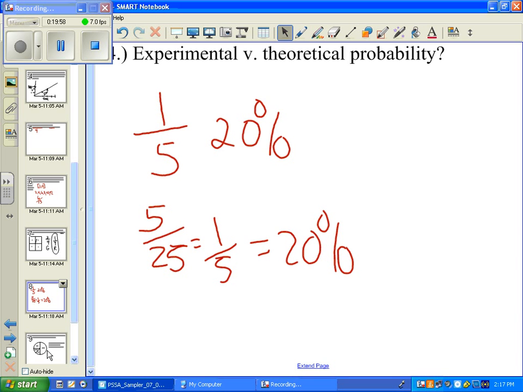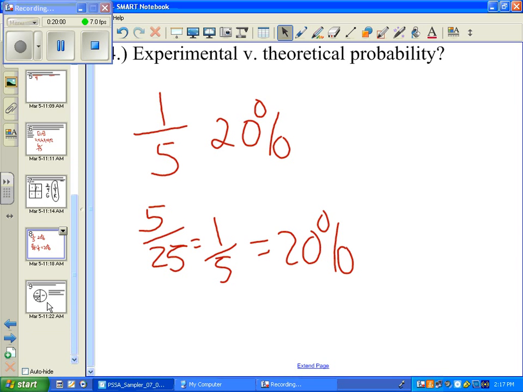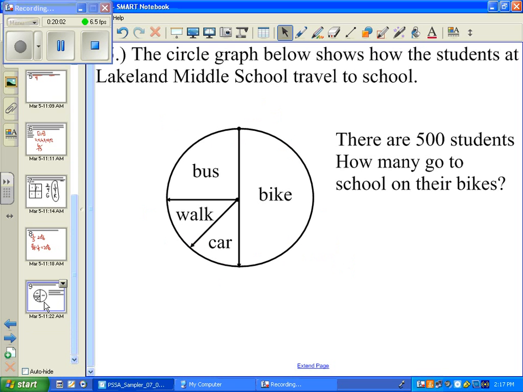Number 25, that brings up number 25. This is a circle graph. It shows how the students at Lakeland Middle School travel to school. If you look at this, you can see that they go by bike, bus, walk. Some of them go by car. If there are 500 students, how many go to school on their bikes?